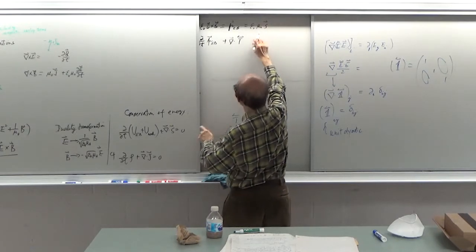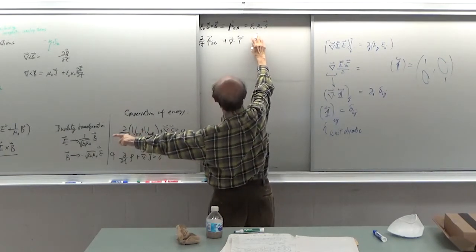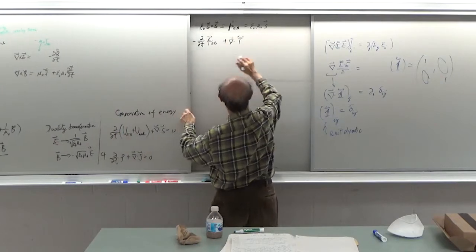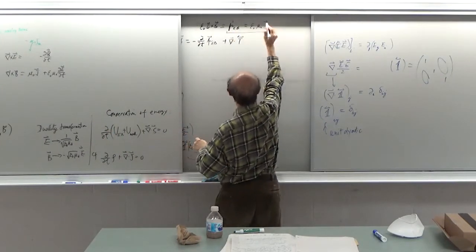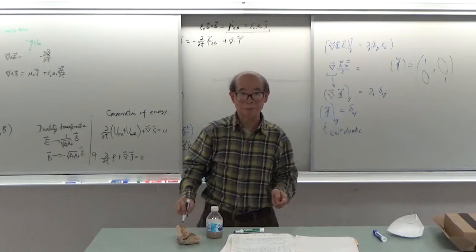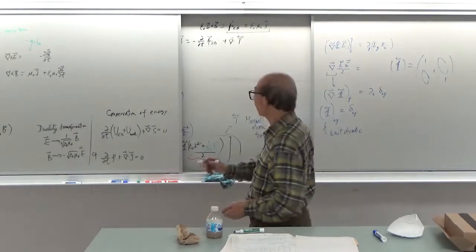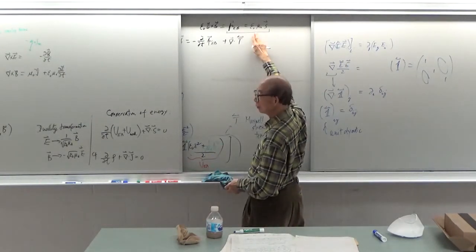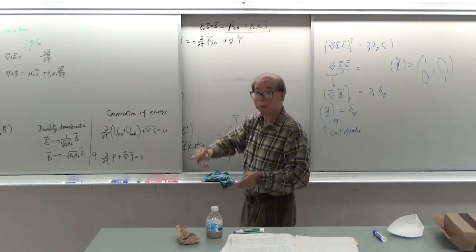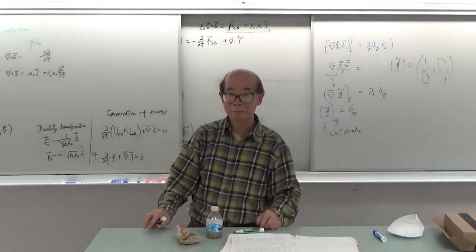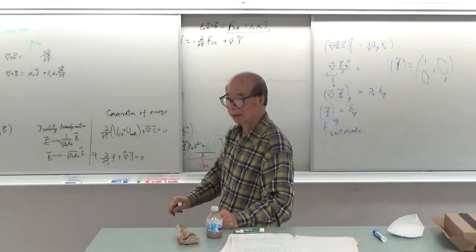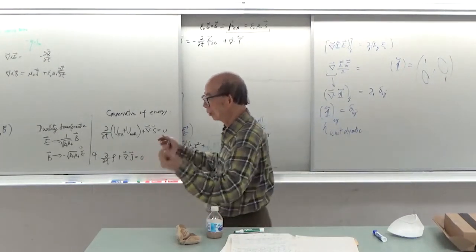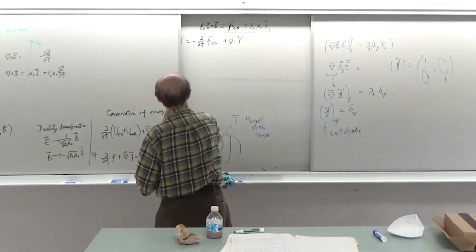Let me see if this is true. Mu naught times epsilon naught, correct. So in fact, the linear momentum density is, aside from a constant factor, given by the Poynting vector. We'll come back to this to see what the meaning of that is in a very quantitative way. All right?